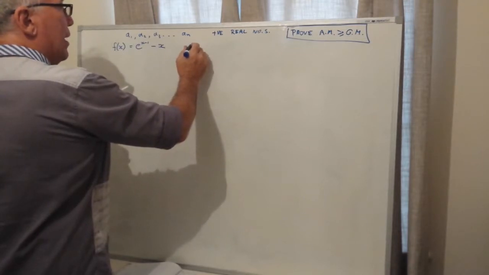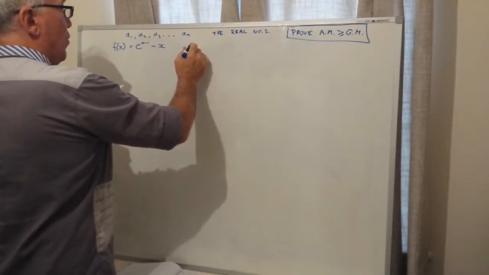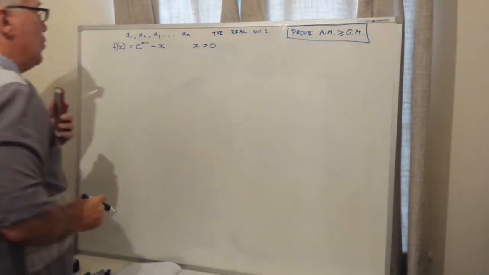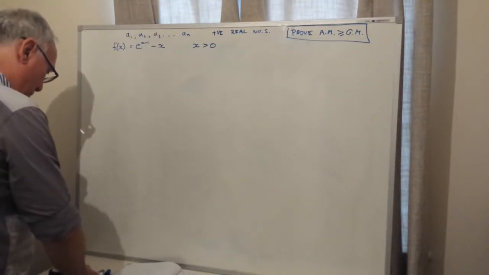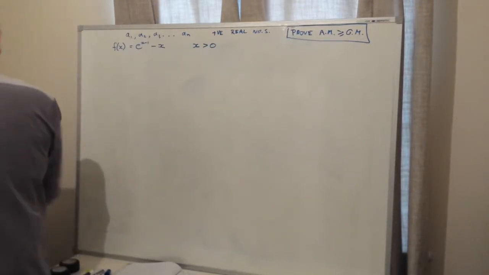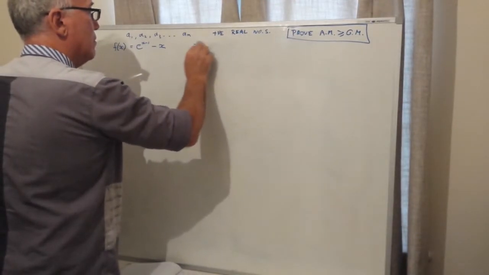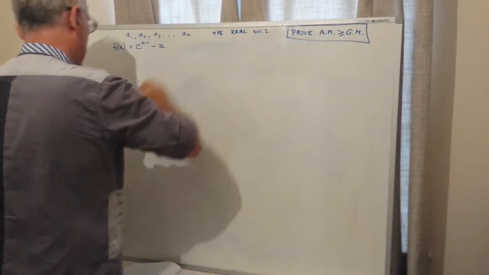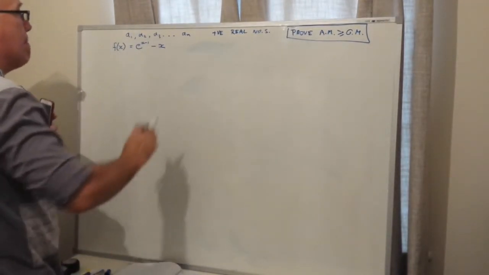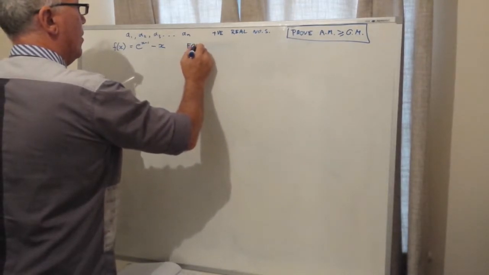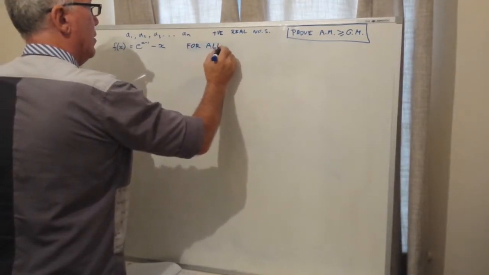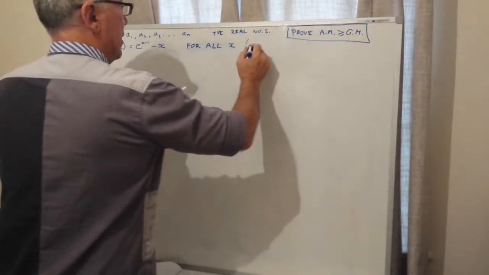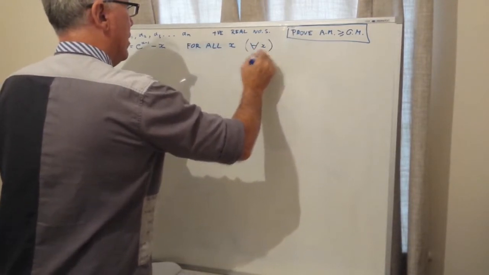Now, this is for all x. Sometimes written like this, for every x.